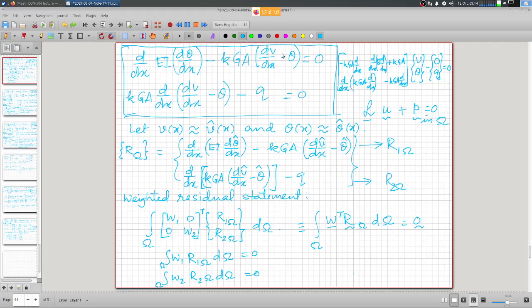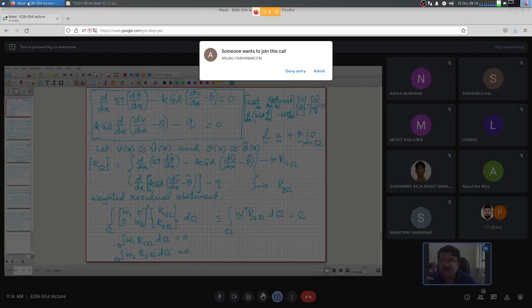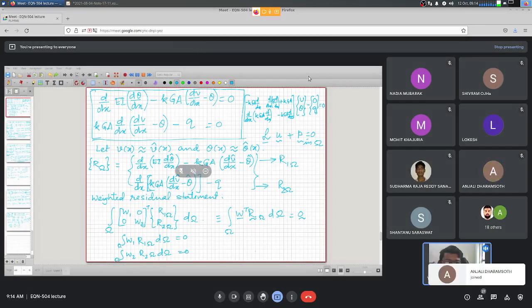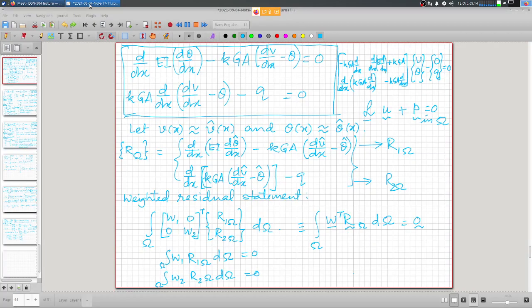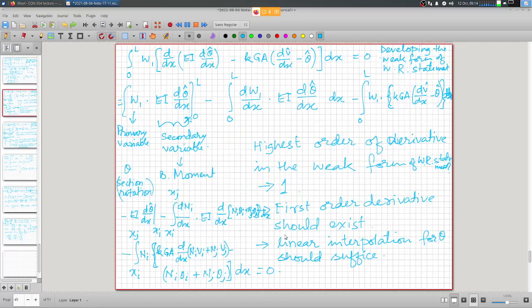And once we develop the weak form of this weighted residual statement, we can subsequently infer that the highest order of derivative in the weak form is of first order, and the primary variables are just the section rotation and the transverse displacement, and both of them are treated independently.